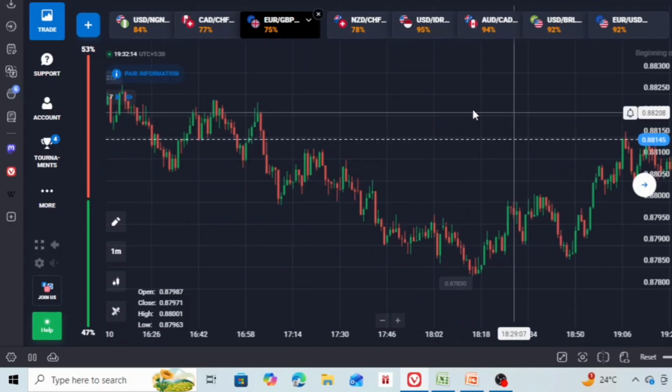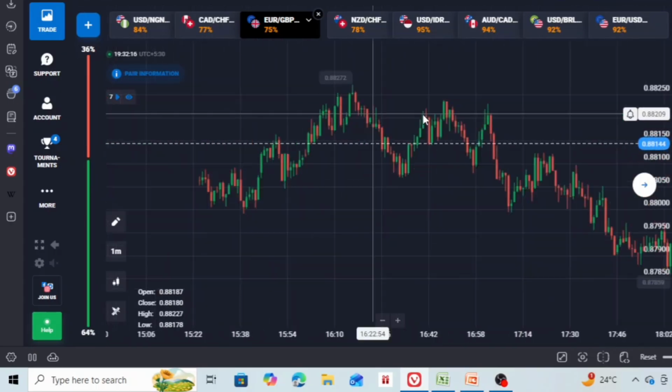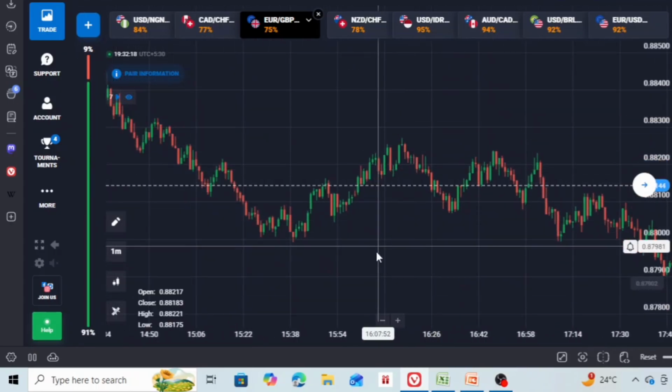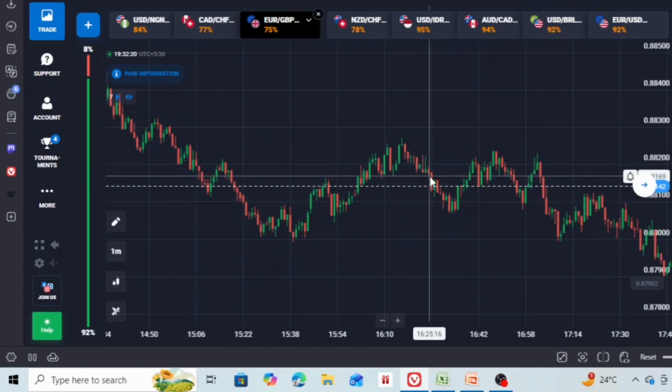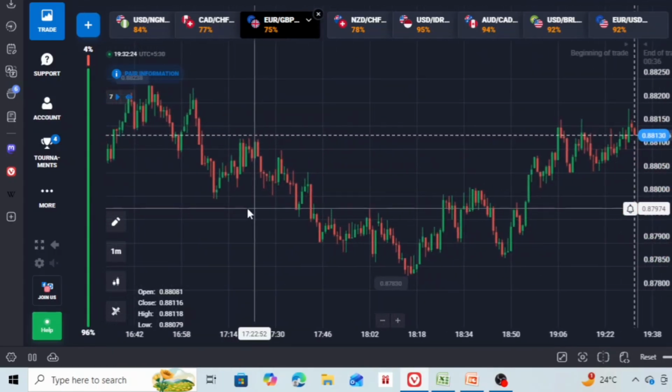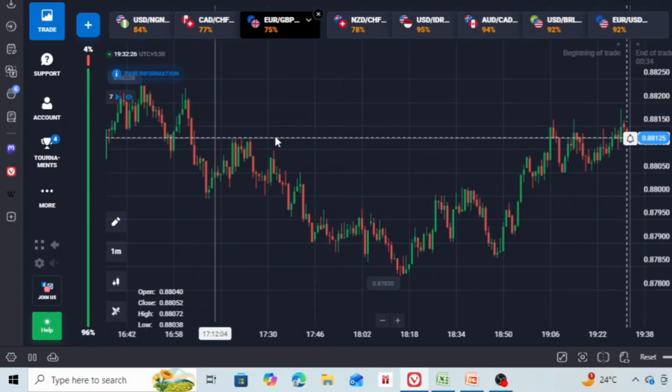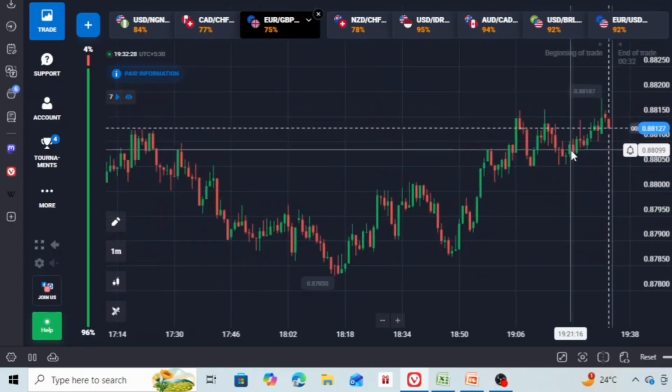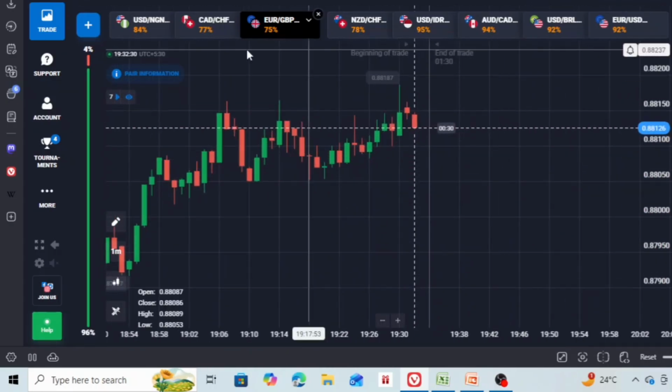So this EURGBP, practically it's going up now. Technically it's in a downtrend. Let us see how the market will react.